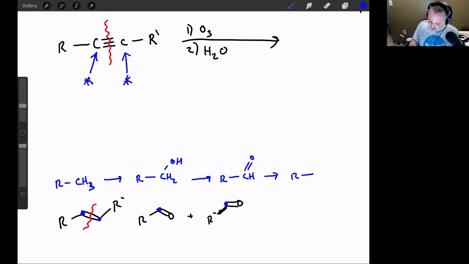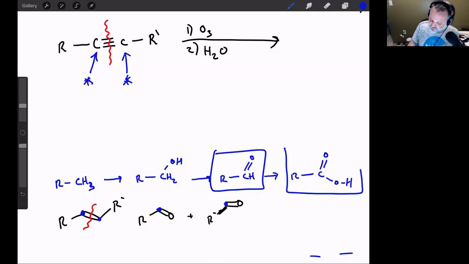And the very most oxidation that I could have for a carbon is one that has three bonds to an oxygen. And so in the case of the alkene, I got here. But if I have an alkyne, I have an extra pi bond, and I can do the oxidation even further. I end up with a carboxylic acid.